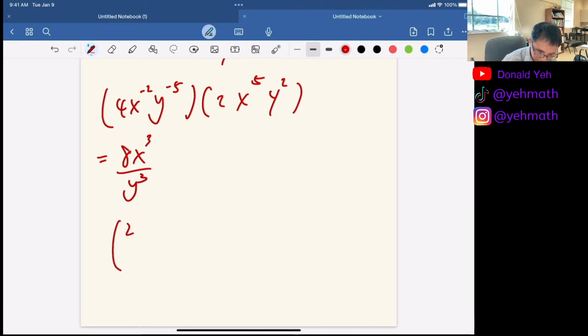That says 2 for x to the negative 3, x to the negative 2, y to the 5, y to the negative 2.